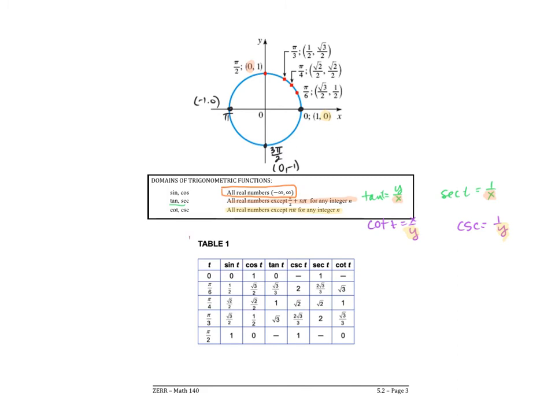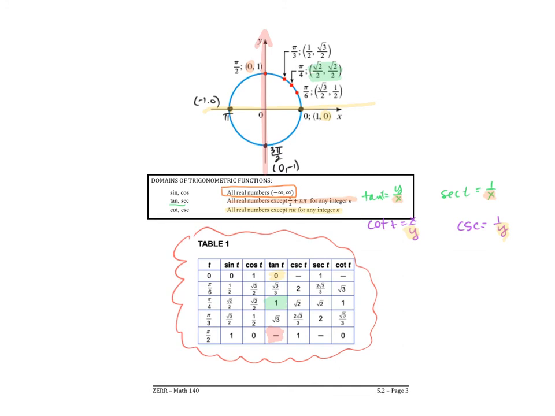Now just a few words about tangent, so you don't have to do quite so much arithmetic simplifying. Tangent is 0 along the x-axis, so at 0 and at pi, and it's undefined at pi over 2, or any multiple of pi over 2, like we just talked about. Now it's 1 where the x and y are the same, because it's a ratio of y divided by x.